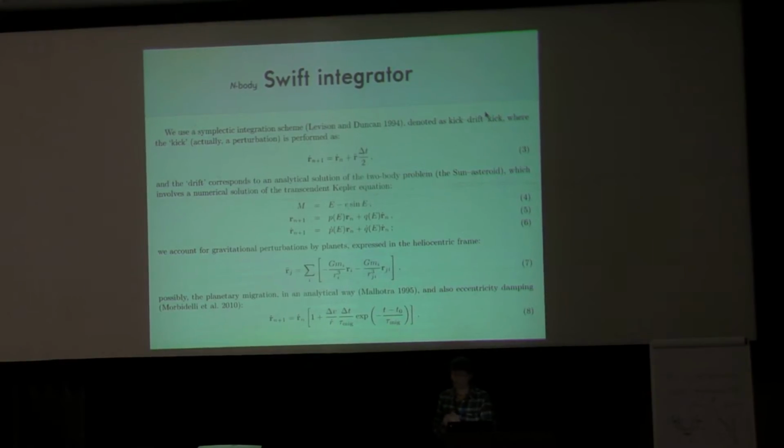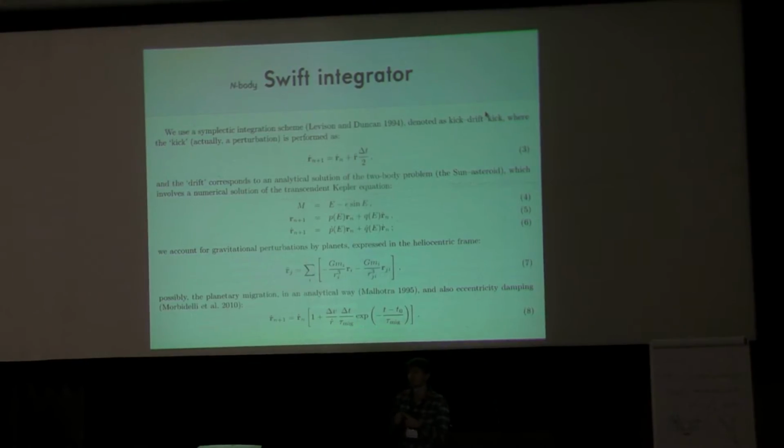And then we have to account, most importantly, for perturbations caused by planets, which are expressed by the usual sum in the heliocentric frame. And then we are forced to add the following additional expressions.